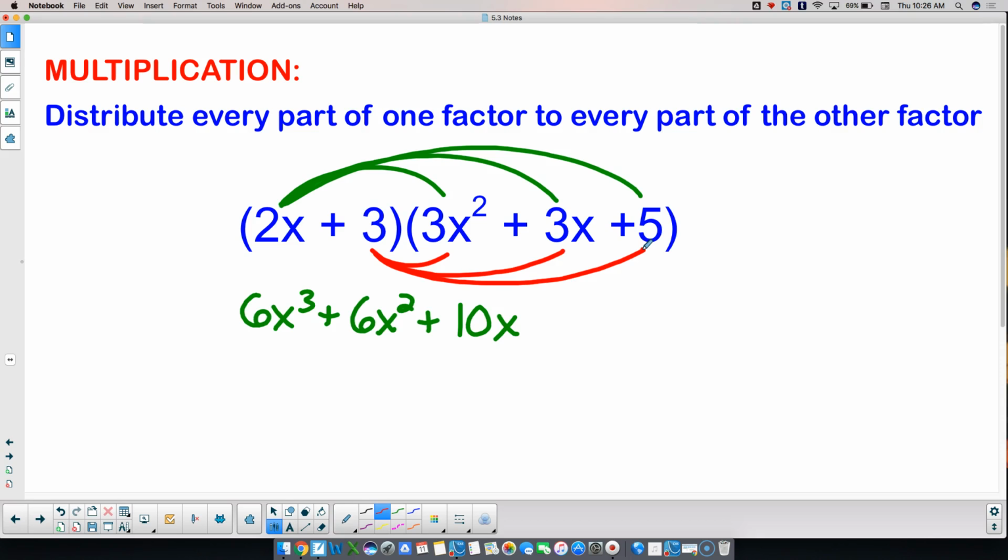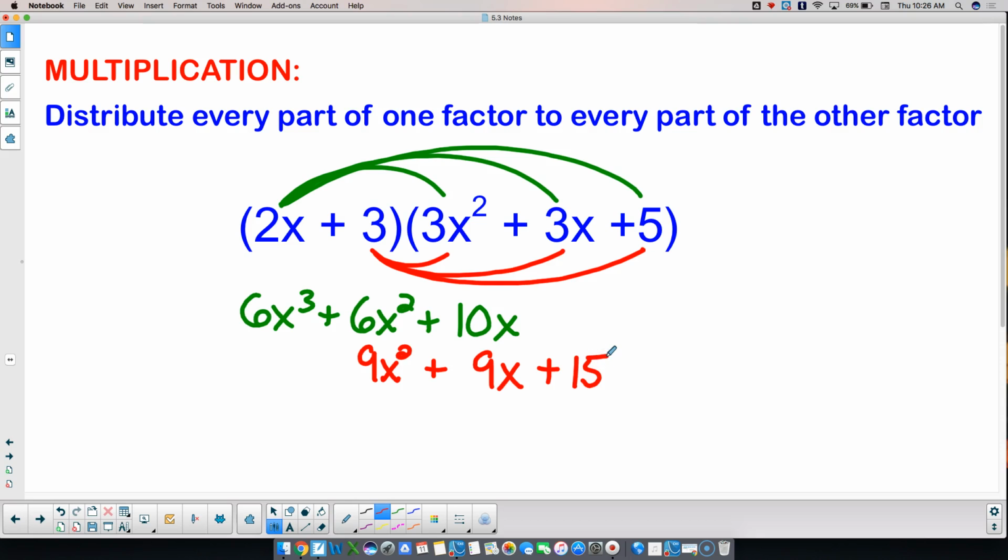I am going to write that under the x squared term. My next term is 9x. I'm going to write that under the x term. My last term is 15.